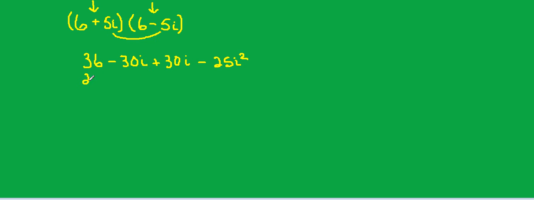I'm going to add it on to the 36 here. And that's going to give me 61 minus 30i plus 30i is 0. They just cancel each other out. So this is my answer. 61 is my solution. That's all there is to it. And that part of multiplying is done.